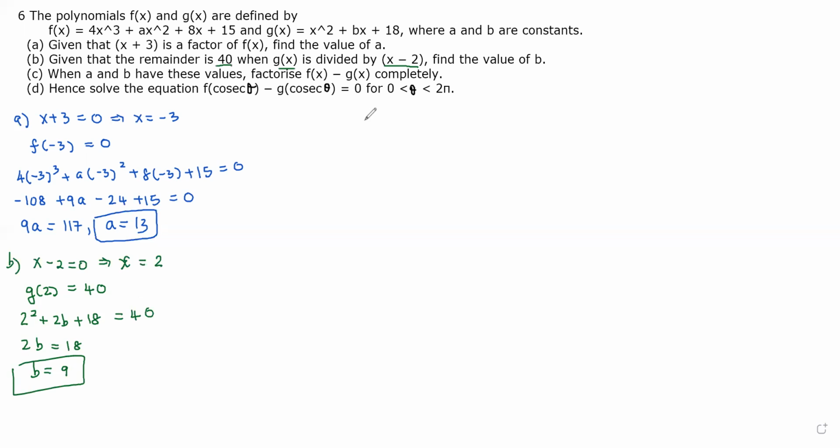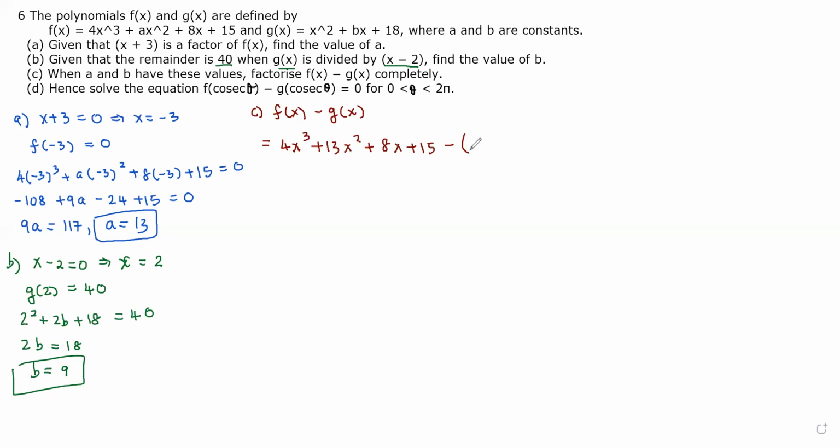Part C, with a equals 13 and b equals 9, we need to factor f(x) minus g(x) completely. To factor f(x) minus g(x) completely, we need to find f(x) minus g(x) first. f(x) is given by 4x cubed, since a is 13, plus 13x squared plus 8x plus 15 minus g(x).